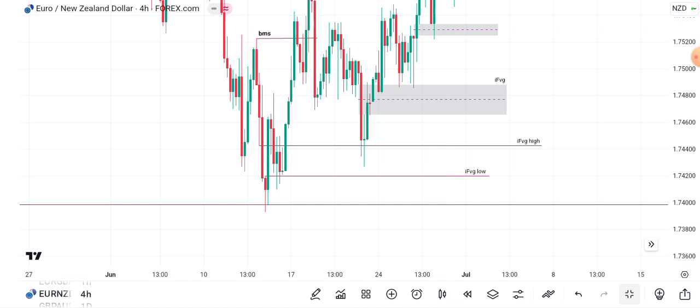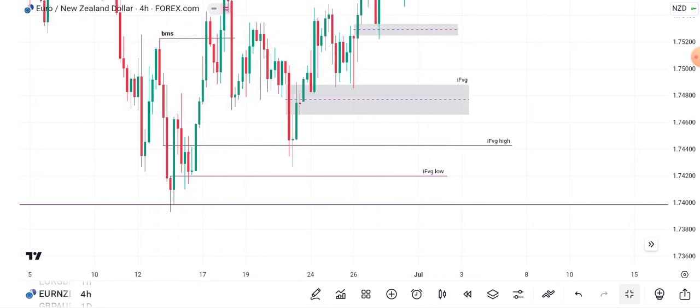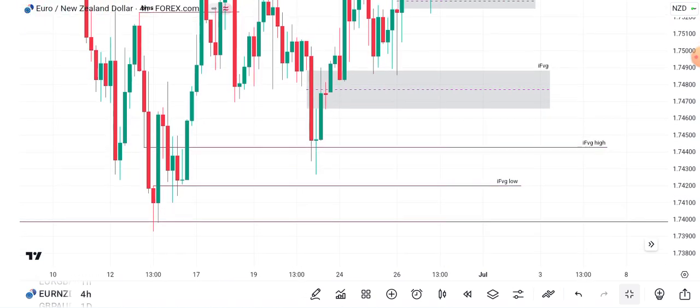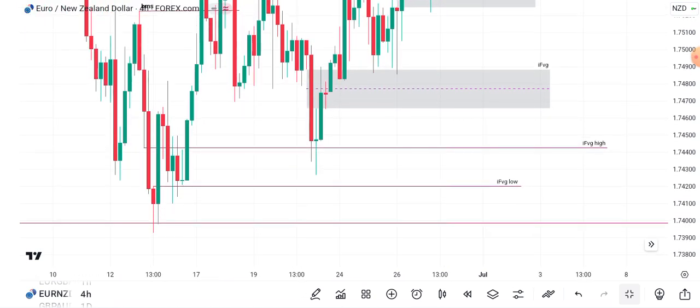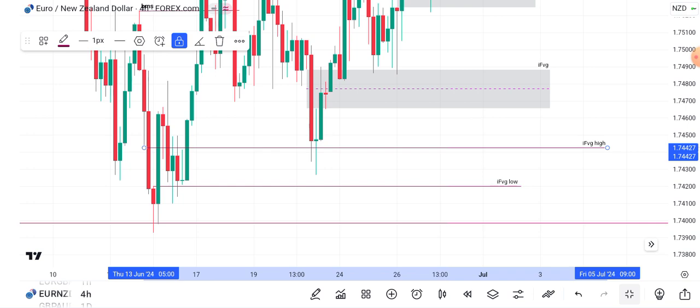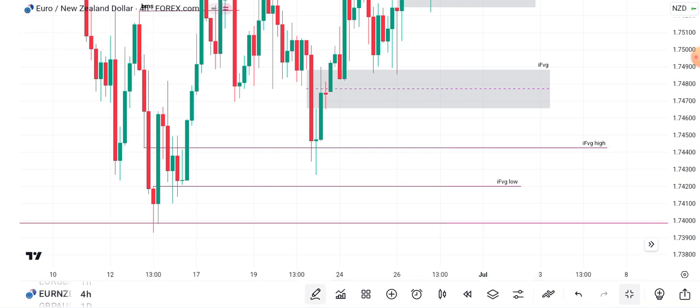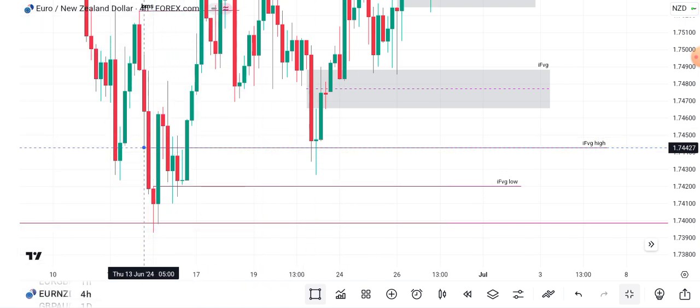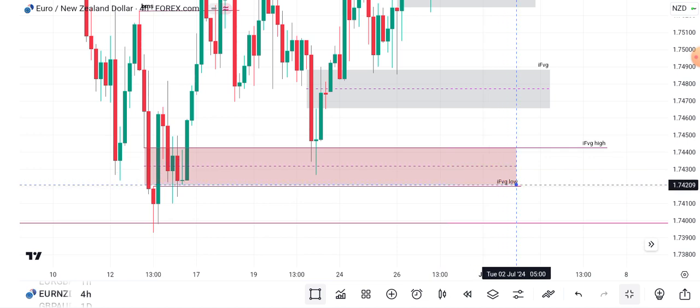I've told us that after stop points, for this kind of model I'm showing us, you want to check if there is an inversion fair value gap, which of course is clearly here. It's rule based.